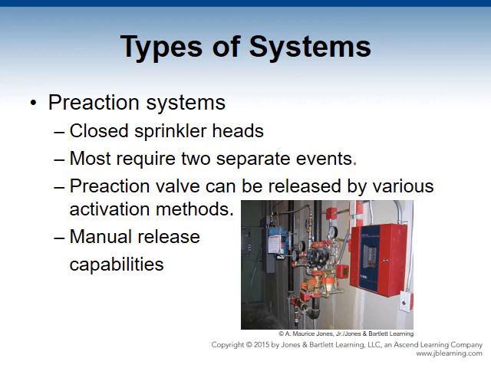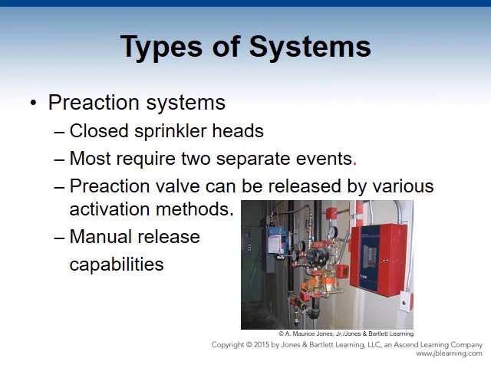Unlike dry pipe systems, release of the pre-action valve is usually caused by a fire detector or an activation switch. Most require 2 separate events before the water is discharged. A fire detector must activate the pre-action valve so the water flows into the piping, essentially making the system a wet pipe sprinkler system. A sprinkler head must also activate to flow the water.